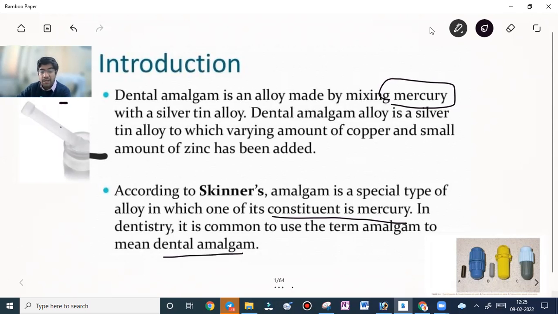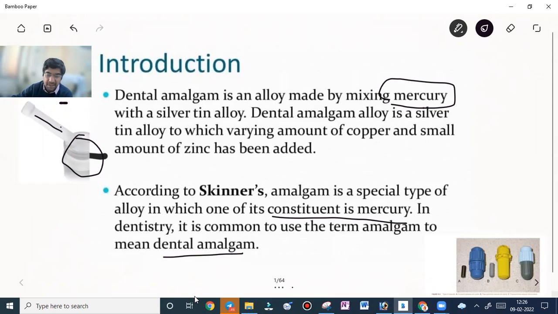Originally, what the dentists used to do was dispense the alloy particles and the mercury in a mortar and a pestle. So this is a mortar and this is a pestle. They would mix them together with the pestle by hand.